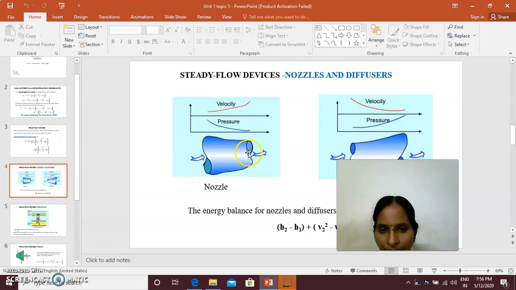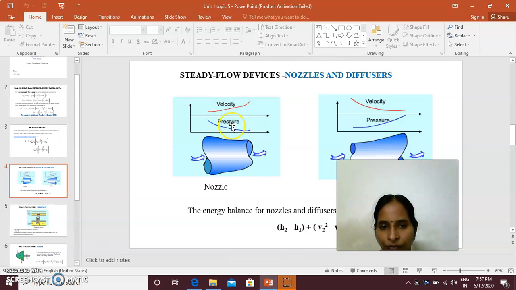If we want higher velocity, higher kinetic energy, some energy has to be given, right? One form of energy is converted to another form. So if you want to increase the velocity at the outlet, another property has to come down, and only then can the corresponding increase in velocity be achieved.